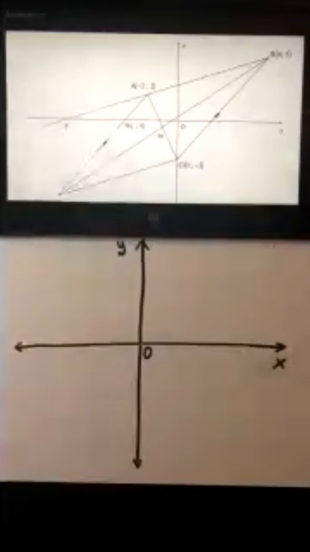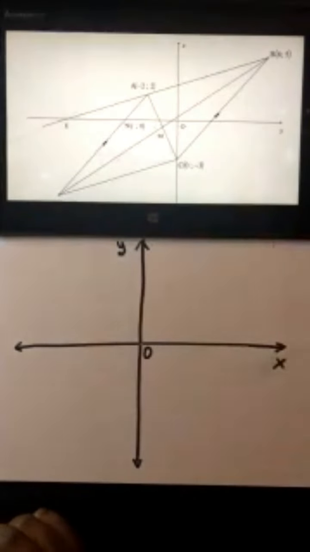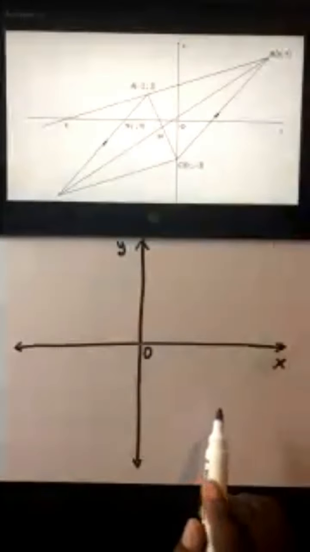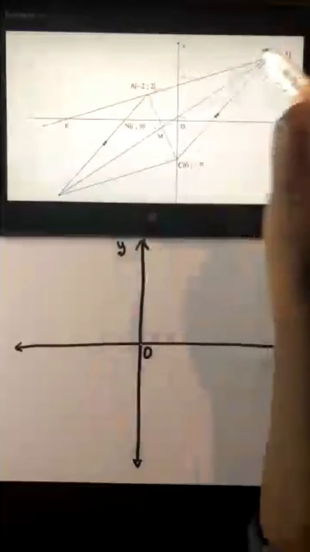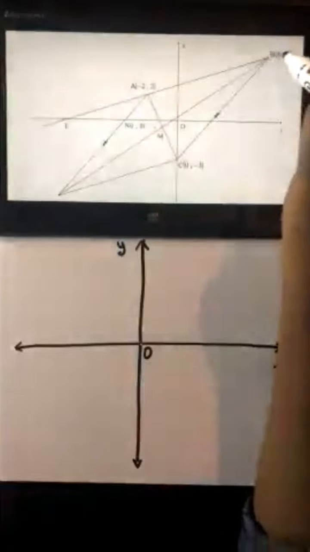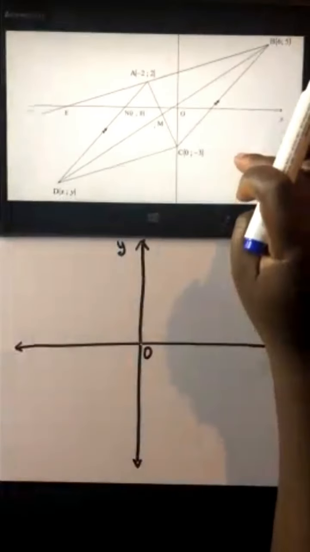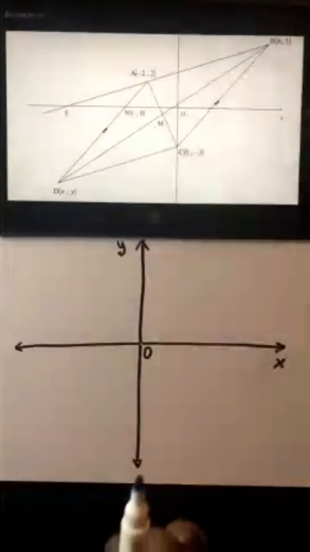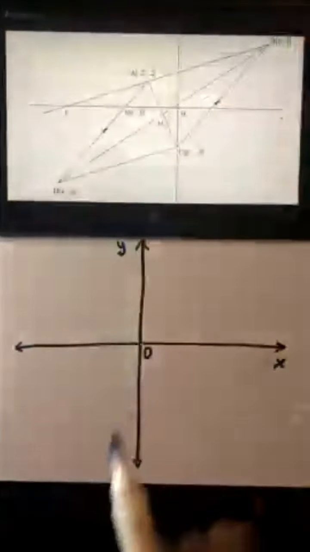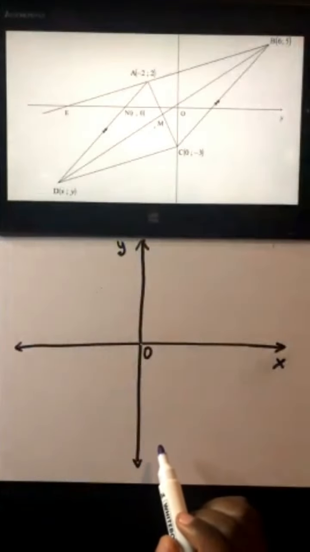Okay, so now that we've got a Cartesian plane drawn, let's now draw all of that information, ladies and gentlemen. So remember, this drawing is guided by those coordinates of A, B, C, and D. That is why, ladies and gentlemen, before you even draw all of that, you first need to have those coordinates in a form of points.